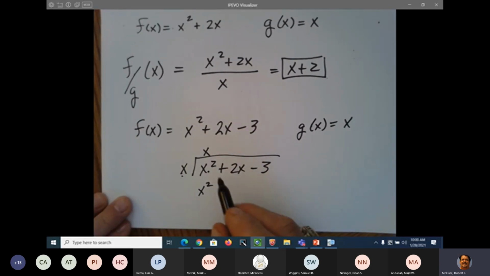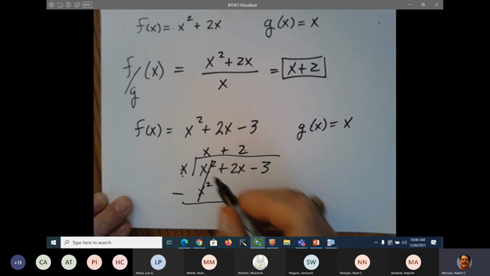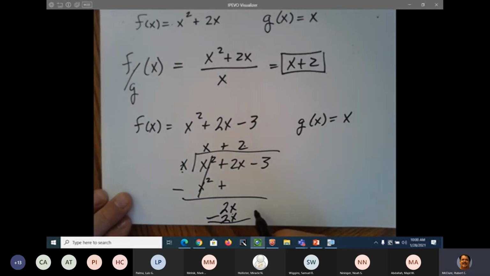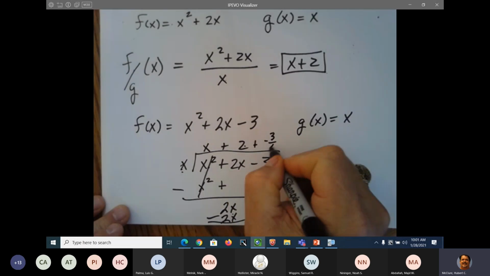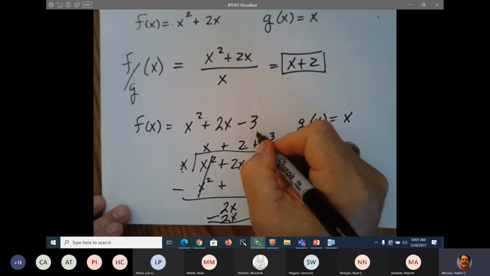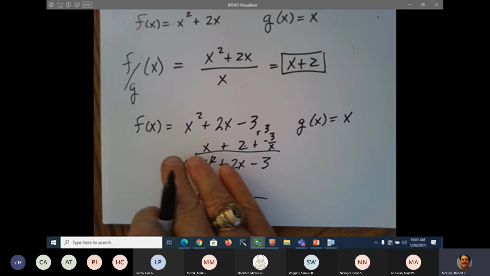You subtract, sorry. That goes out, 2x. X will go into 2x 2 times. 2 times x is 2x. You always subtract. And that gives you -3. And -3 is a remainder. So you can have 3 over x plus -3 over x, or you can say remainder of 3. Okay, I'm not going to get into that too much unless I start getting questions on long division in the review. But that's an example of functions.